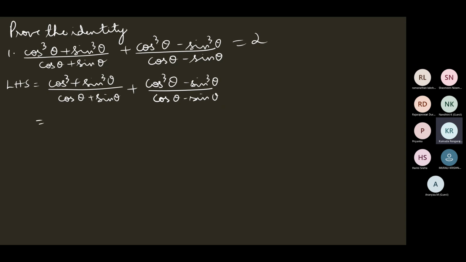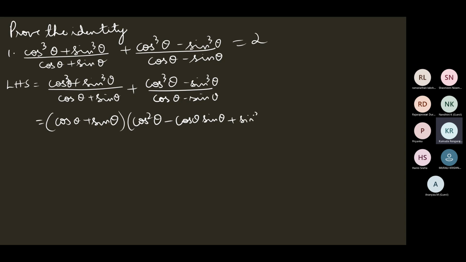So this cos cube theta plus sin cube theta is like A cube plus B cube. So A is cos theta and B is sin theta. So A cube plus B cube is A plus B into A squared minus AB plus B square.